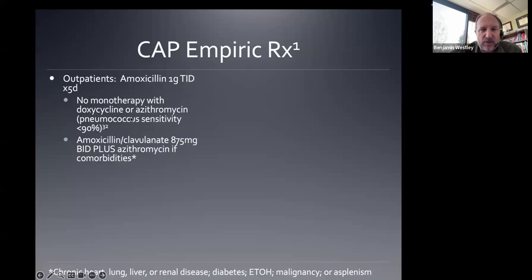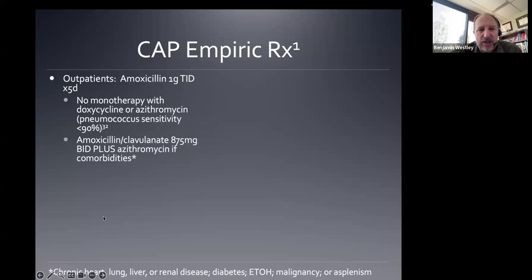We do not recommend azithromycin, and we really don't recommend doxycycline monotherapy anymore due to low pneumococcus susceptibilities, which are followed in Alaska. Doxycycline could be considered in somebody with an allergy to penicillin who's got a mild pneumonia, but we don't do it often.